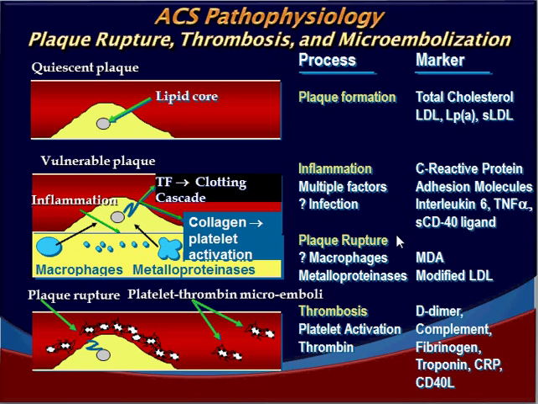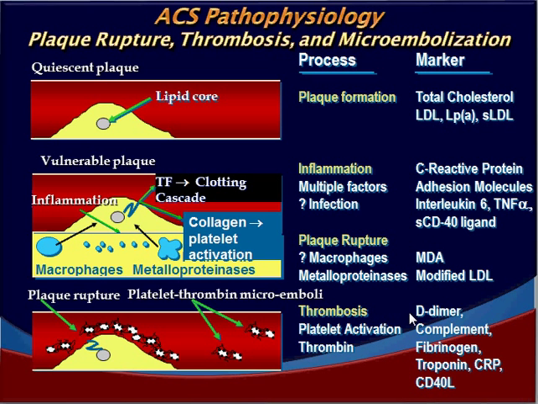When there is a plaque rupture, macrophages are incited, metalloproteases are seen, MDA and modified LDL can be seen in the blood. When there is actual thrombosis occurring due to rupture, and then the microemboli are carried on to the distal sites, there is thrombosis, there is platelet activation, there is thrombin.